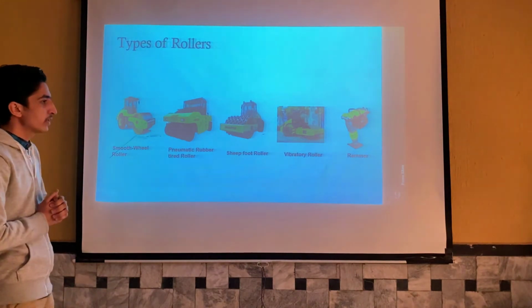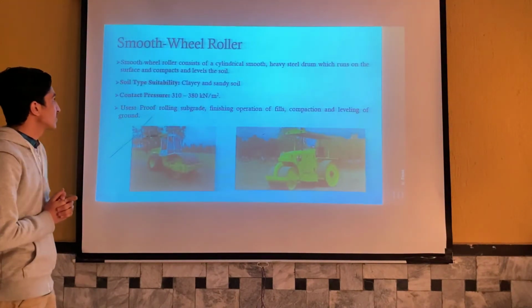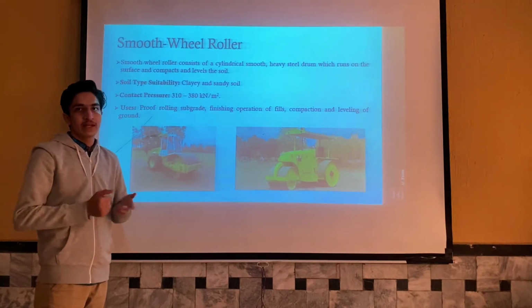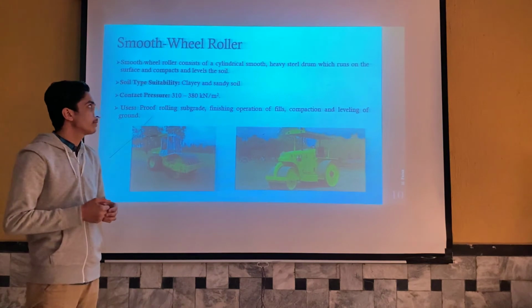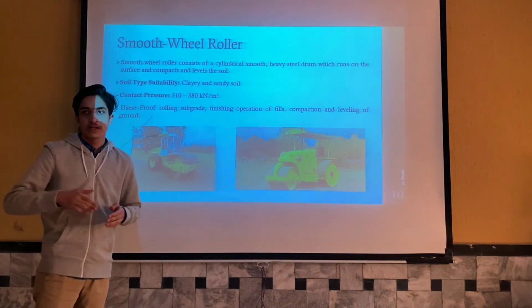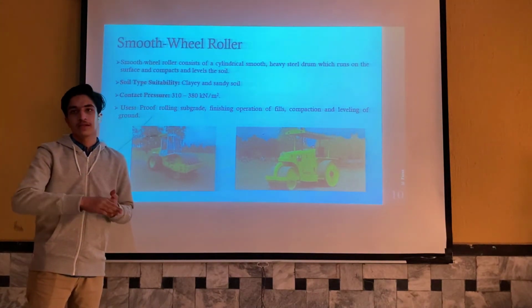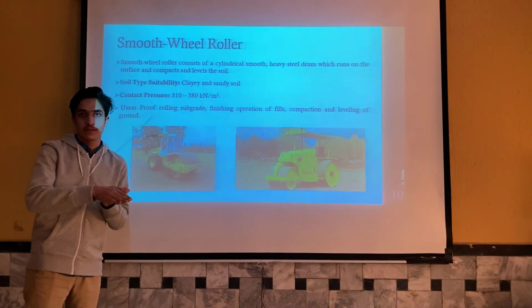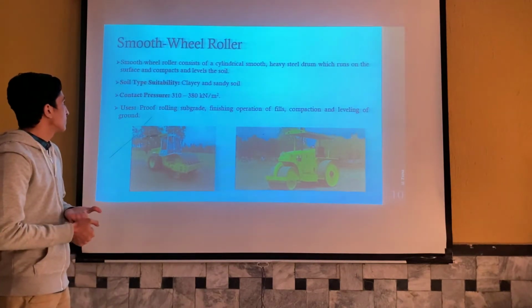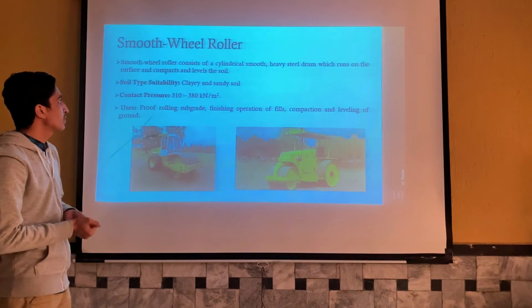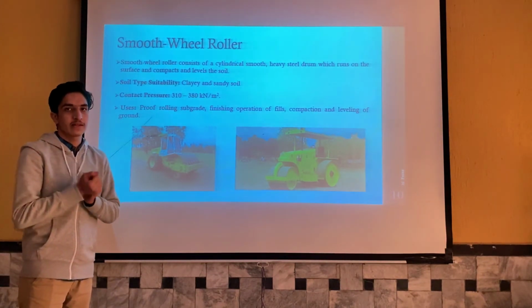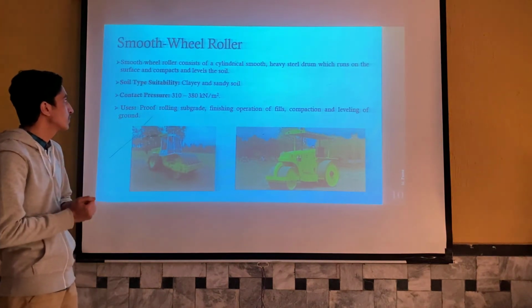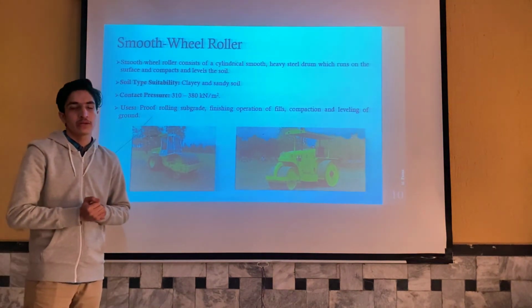First of all, we have the smooth wheel roller. A smooth wheel roller consists of a cylindrical smooth drum filled with a heavy material, and as it runs over the soil, it compresses and levels the soil. This type of roller is suitable for clay soil, and the contact pressure that it produces ranges between 310 to 380 kilonewton per square meter.